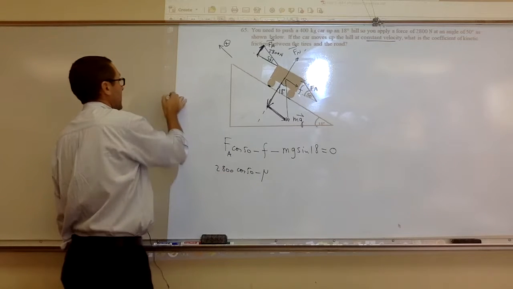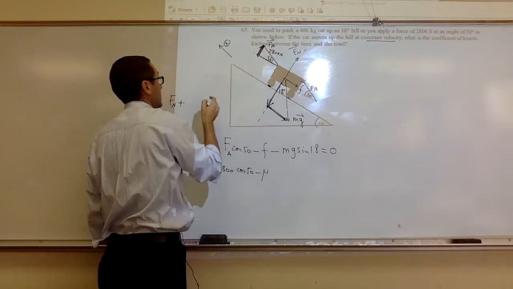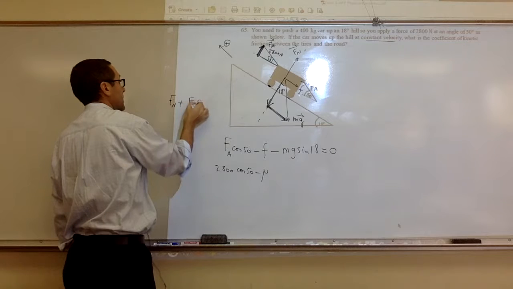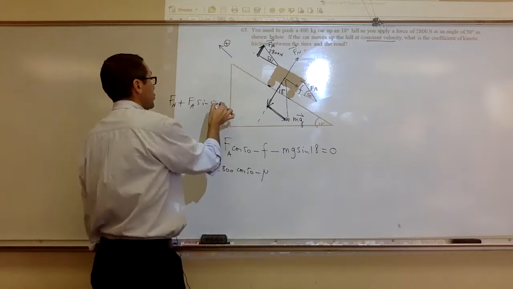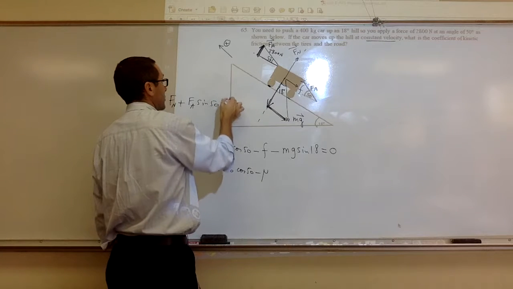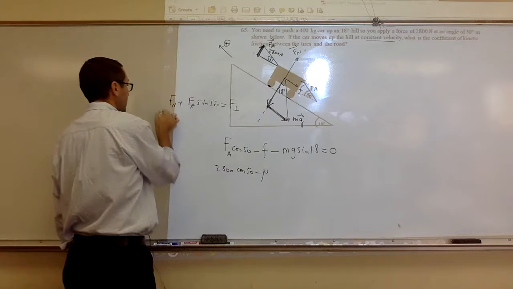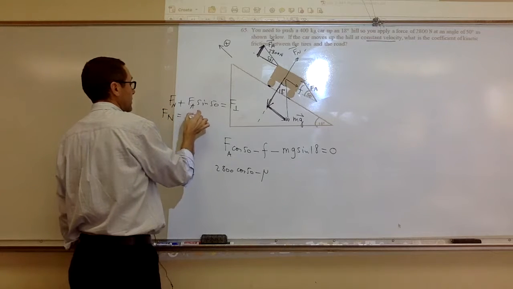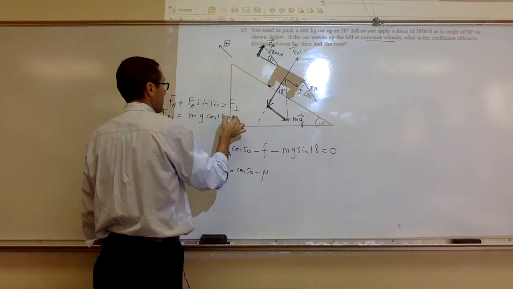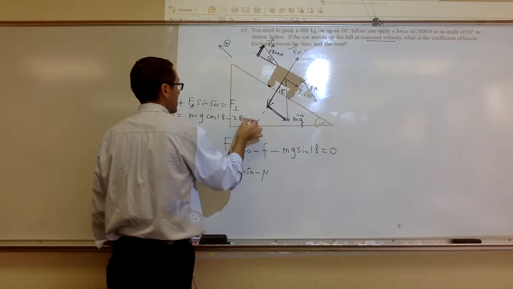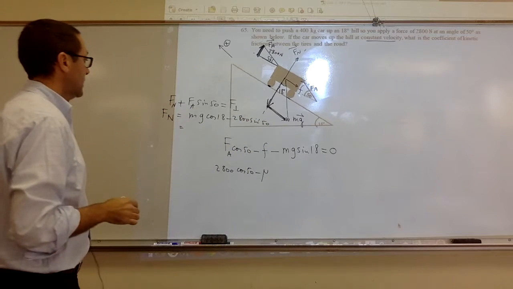So we see that Fn plus this component, which is Fa sine of 50, should add up to equal the perpendicular component of the weight. Which means Fn must equal the perpendicular component, mg cosine of 18, minus Fa, which is 2800 sine of 50. So maybe we should figure this out first and then come back and plug it in here.